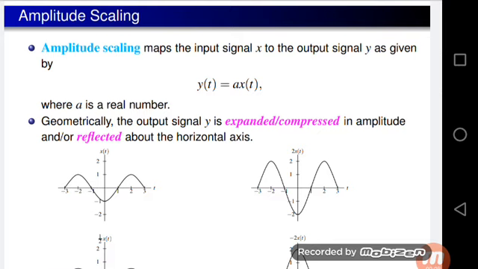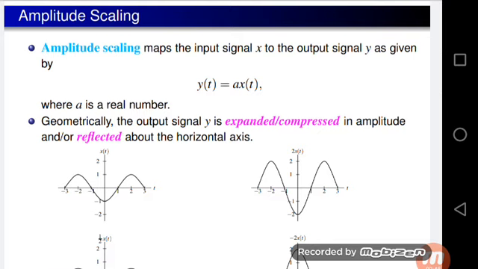Amplitude scaling maps the input signal x to the output signal y as given by y equal to ax of t. That means amplitude scaling will be represented as the direction of x and y, where x is the input signal and y is the output signal.